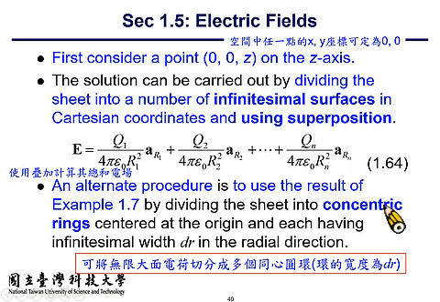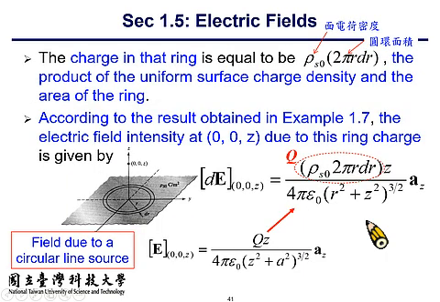Those circles are referred to as concentric rings, concentric loops. Each ring, each loop has a small width of dr, which suggests that in the next step we will take the summation with respect to r.